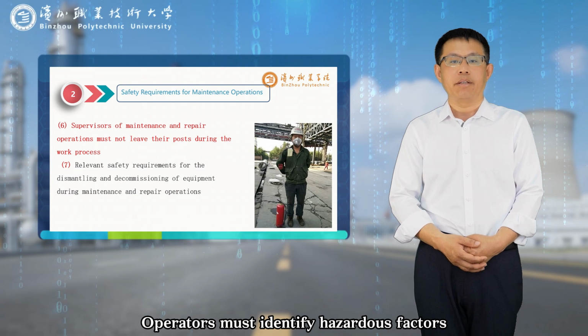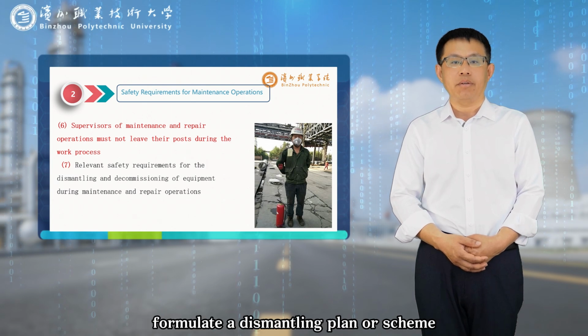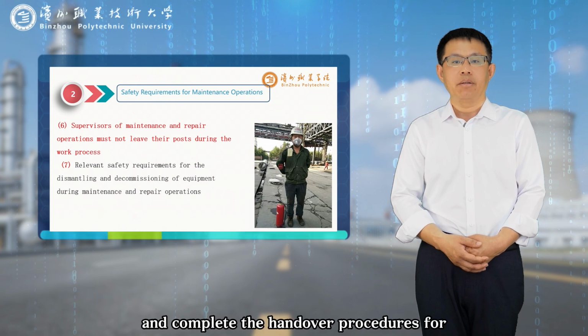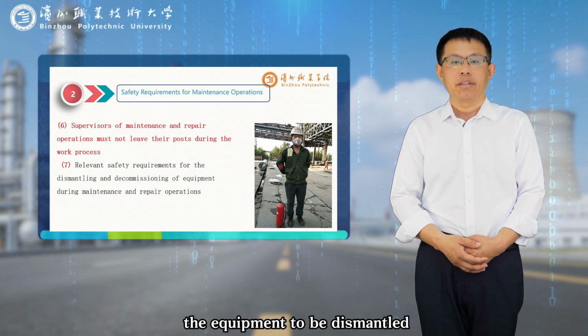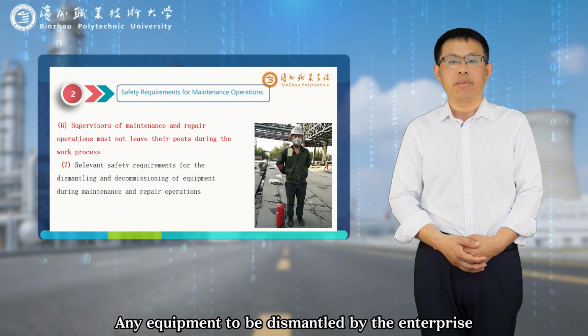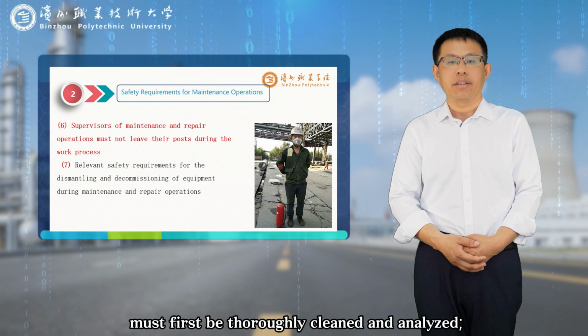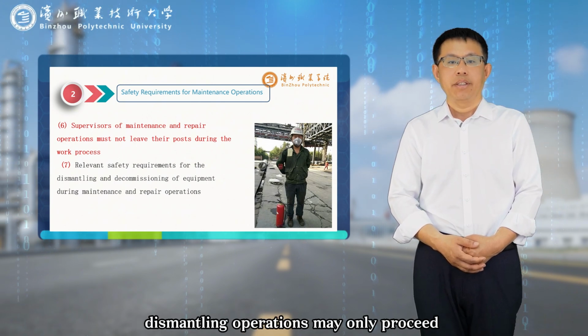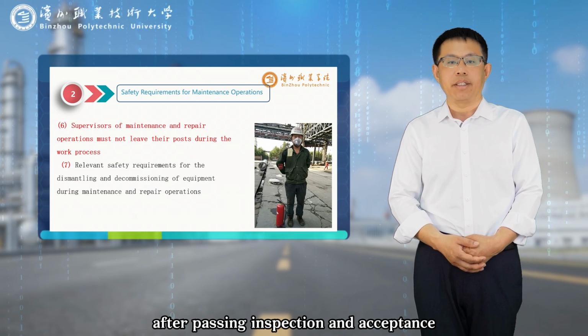Operators must identify hazardous factors, formulate a dismantling plan or scheme, and complete the handover procedures for the equipment to be dismantled. Any equipment to be dismantled by the enterprise must first be thoroughly cleaned and analyzed. Dismantling operations may only proceed after passing inspection and acceptance.